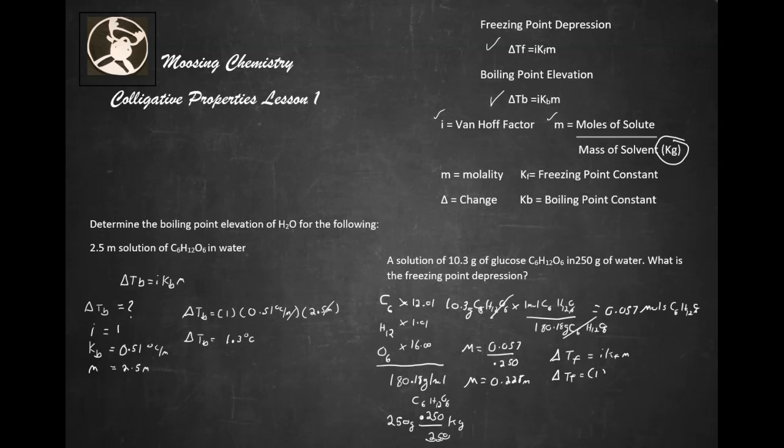So delta TF is going to be 1 times the freezing point depression constant, which is negative 1.86 degrees C over m, times 0.228 m. Our m's cancel.